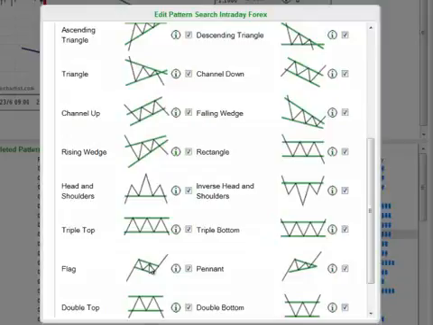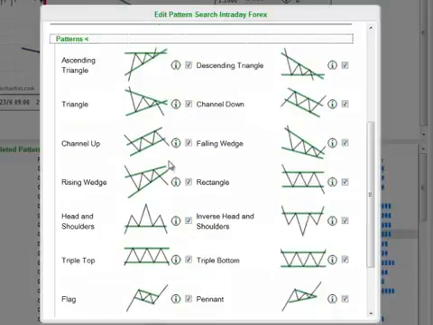So 6, 7, maybe 8 bars. Strong trends aren't necessarily the best environment for these patterns, but they still can be traded in a 10 bar initial trend reading.